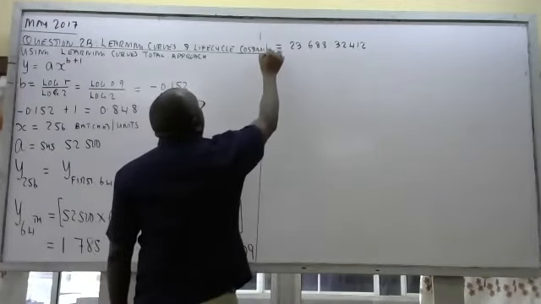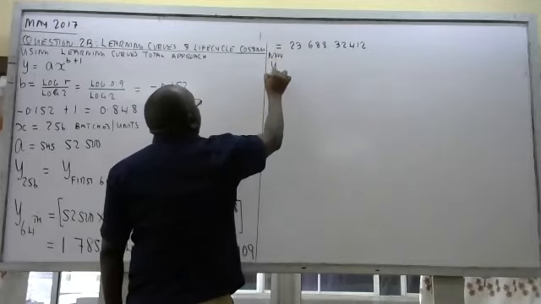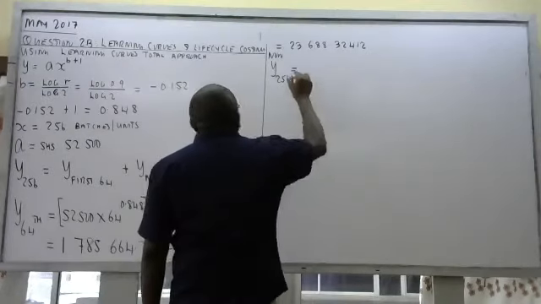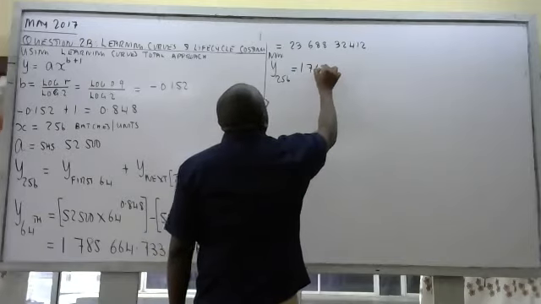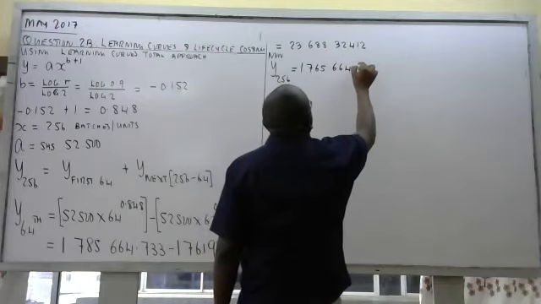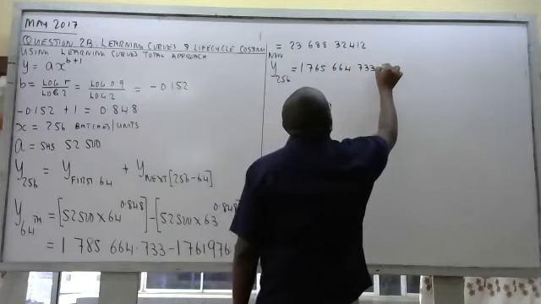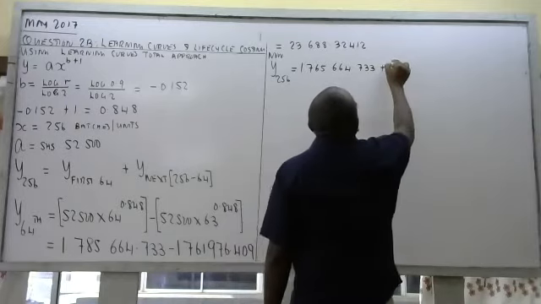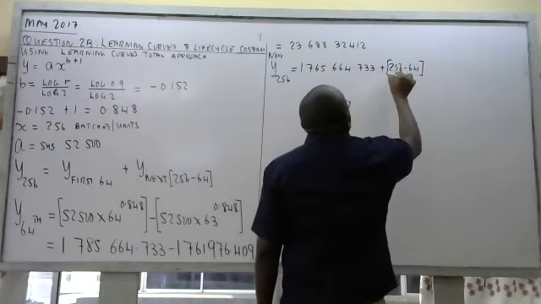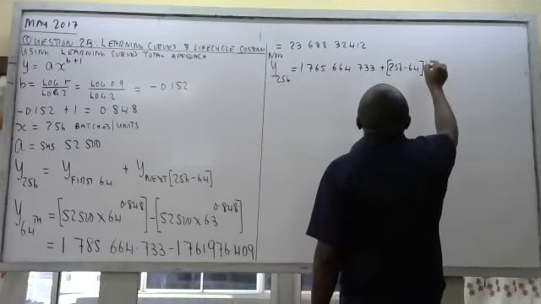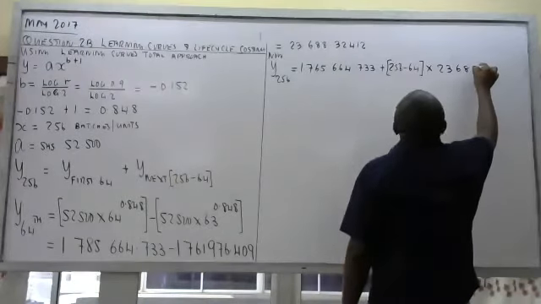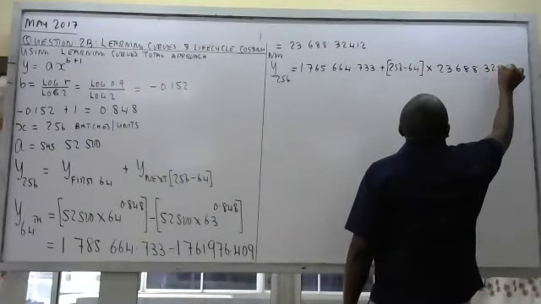So now, Y for the 256 will be 1,785,664.733 plus 256 minus 64 multiplied by 23,688.32412.